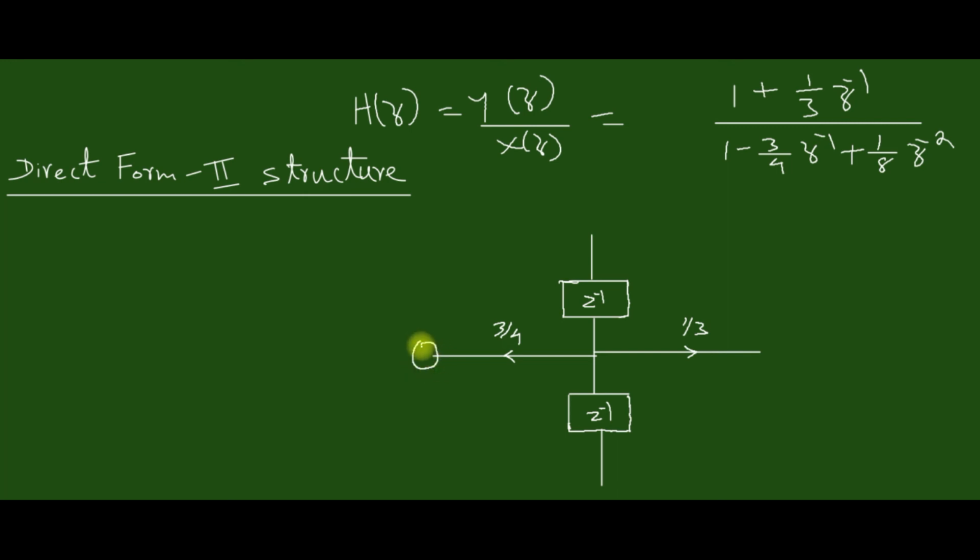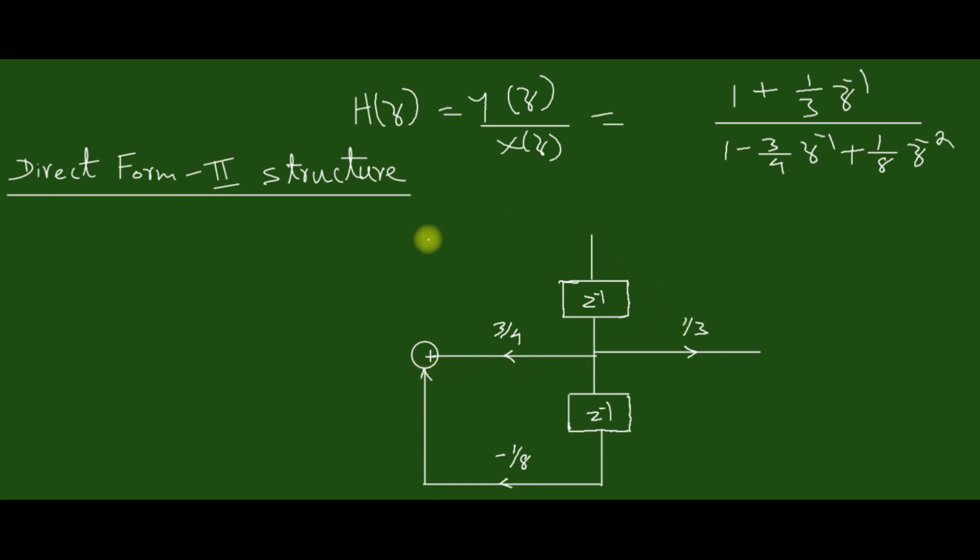And here we have the adder. Now the B2 coefficient. B2 is minus 1 by 8. Then connecting these two.